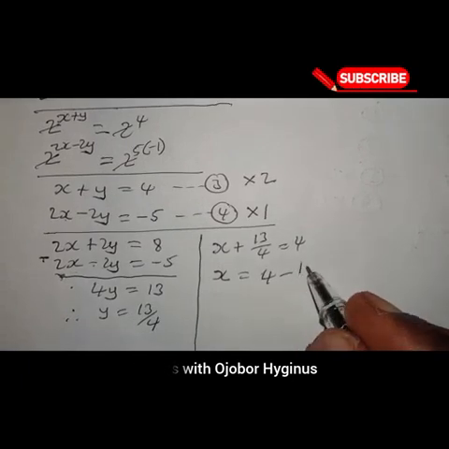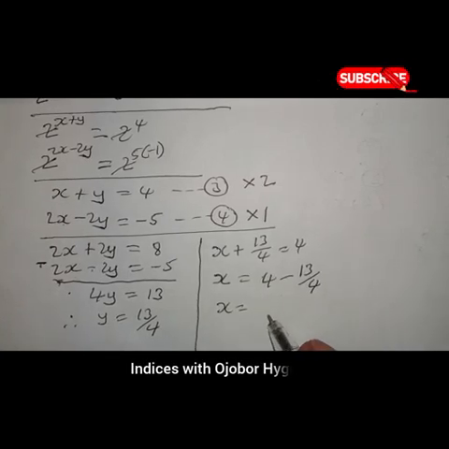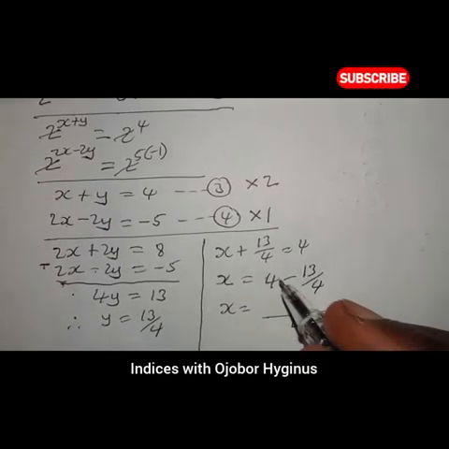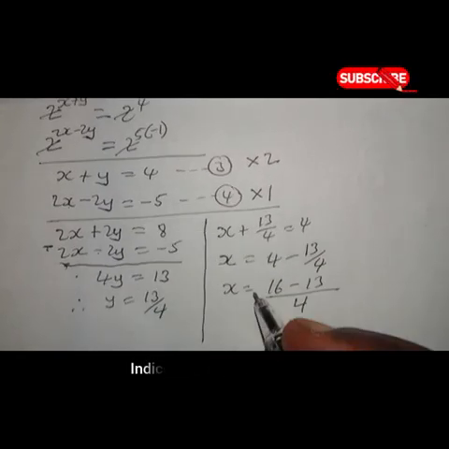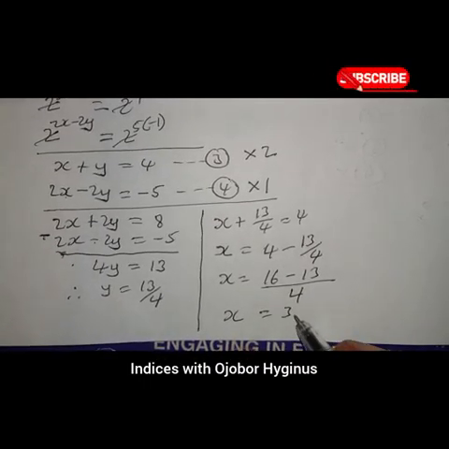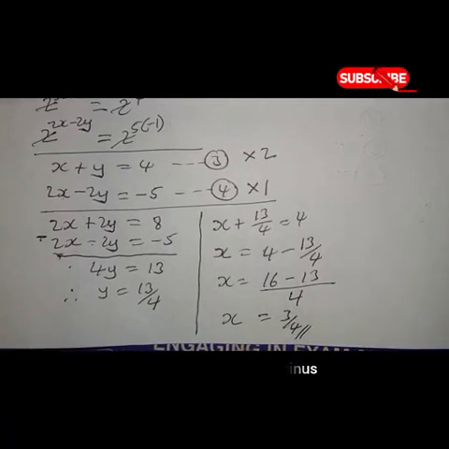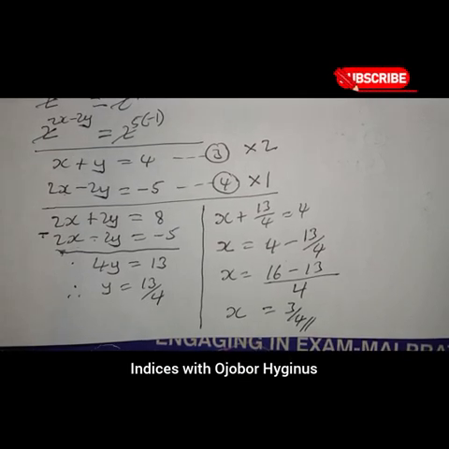Crossing the sign of equality, it will be negative 13 over 4. So x is equal to, with LCM 4, 4 times 4 is 16 minus 13 over 4. X therefore is equal to 16 minus 13 is 3 over 4. That implies that x is 3 over 4 and y is 13 over 4.